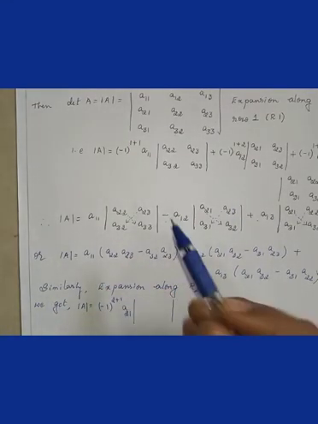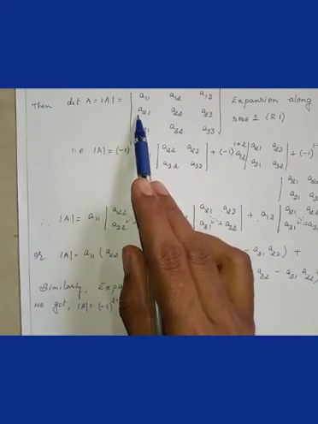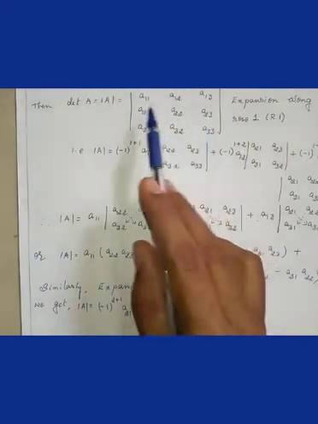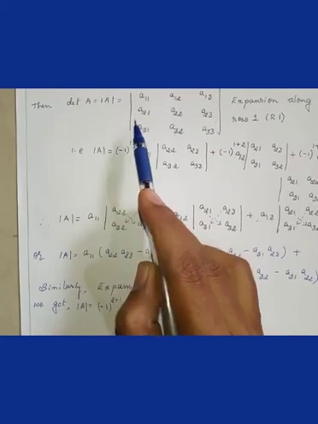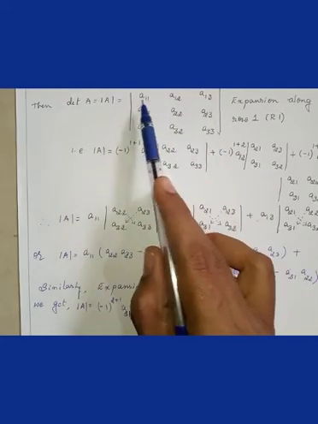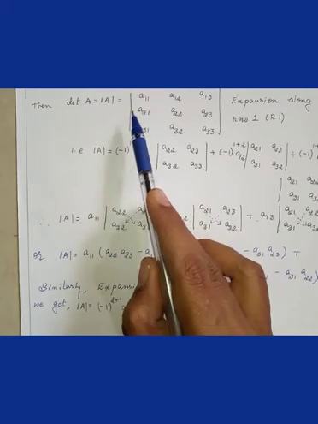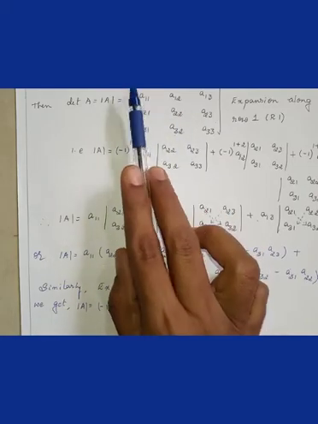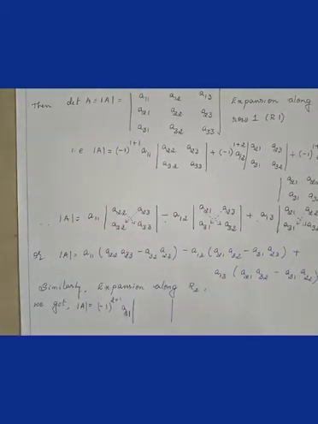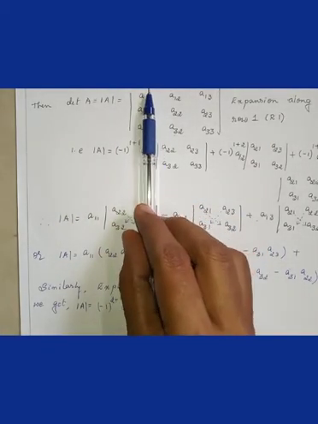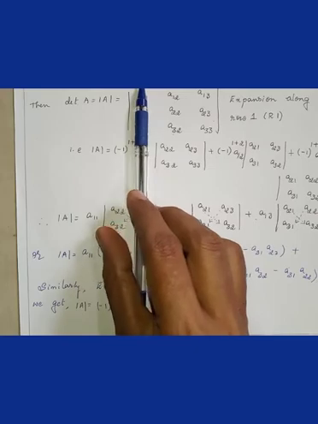Deleting the second row and first column. If you delete the second row and first column, what will you get?